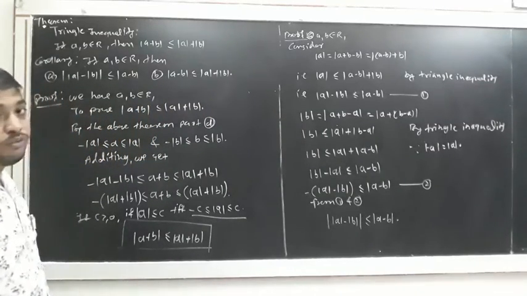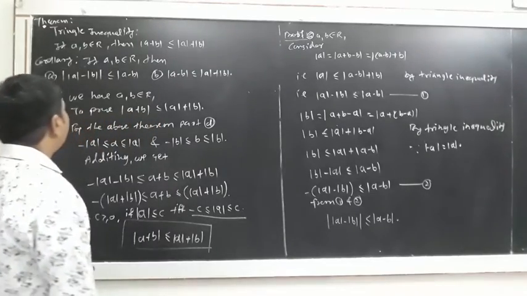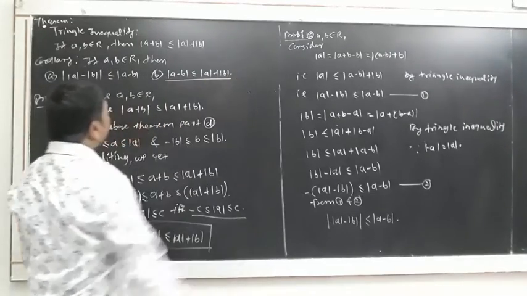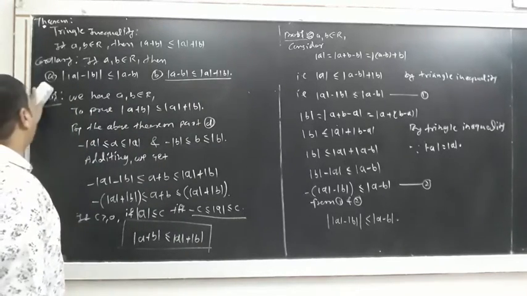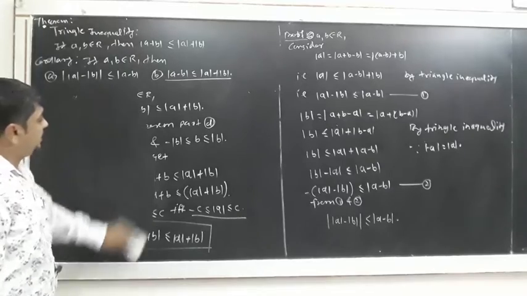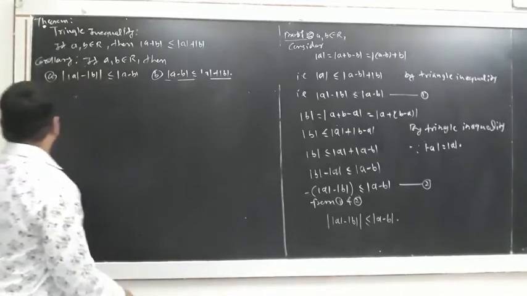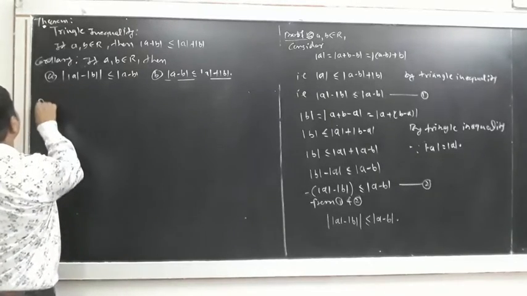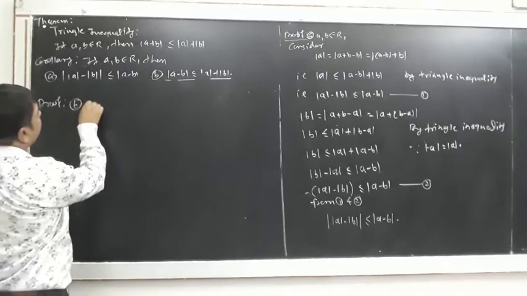Okay, so it is also a very important theorem, so do practice for this. Now we have to prove the next corollary, that is part b. So how do we prove this? Proof: now we have to prove the second one.